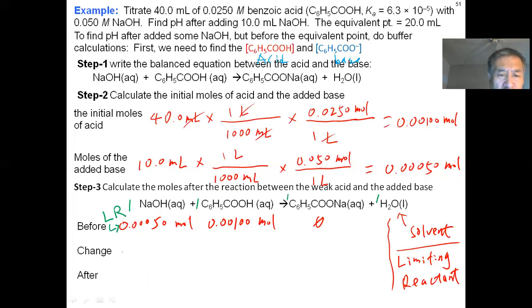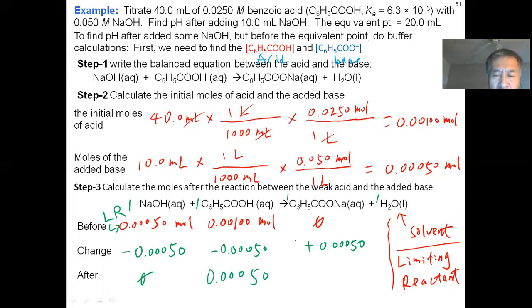So therefore, the change will be negative of this amount of our limiting reactant at the beginning, and you also see the 1-to-1 ratio, and this is also a reactant. So this is also negative, and negative by this much. Then this is the product, so this will be plus. Okay, so once we know the initial and the change, we know the after. After the reaction, NaOH becomes 0, and the benzoic acid becomes, you just subtract these two numbers, that.